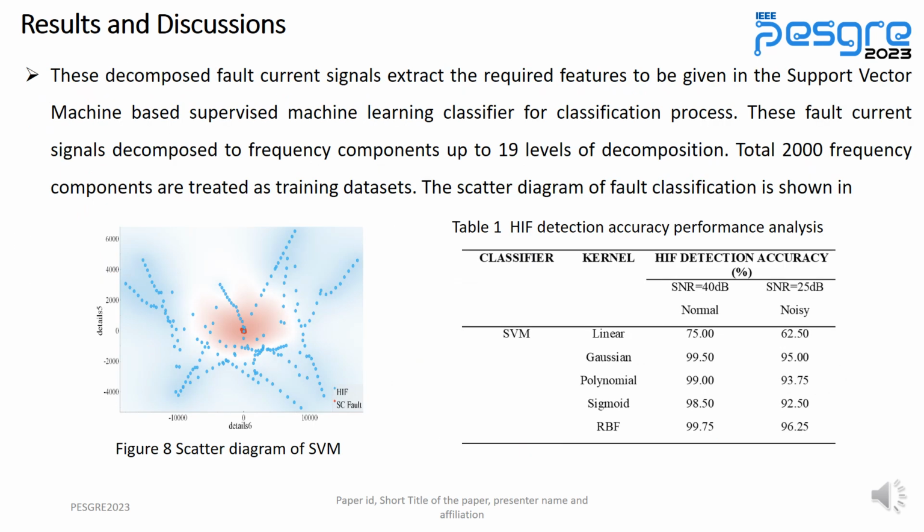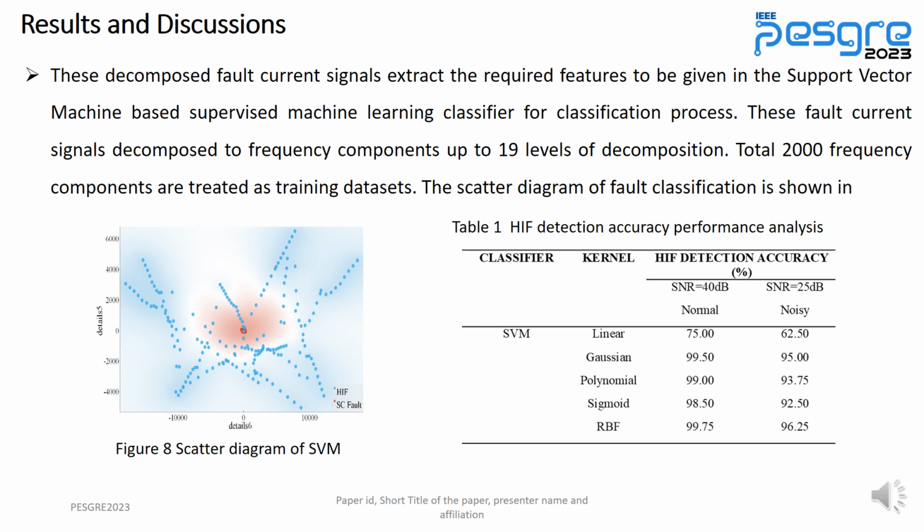In total, 2000 frequency components are treated as training data, which are the high frequency components that contain the information regarding the uncertainty in the signal. The scatter diagram of the fault classification is shown in figure number 8, and table 1 gives the performance analysis of the HIF detection here.